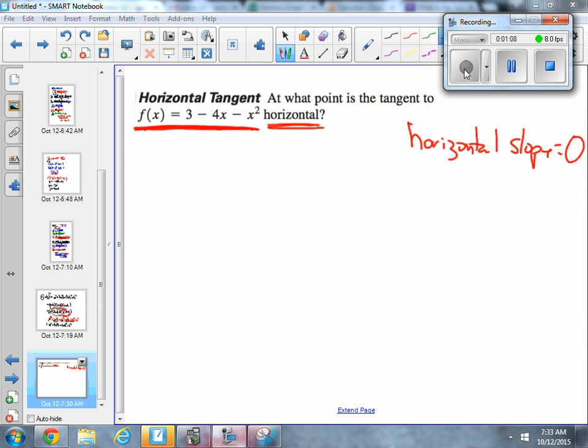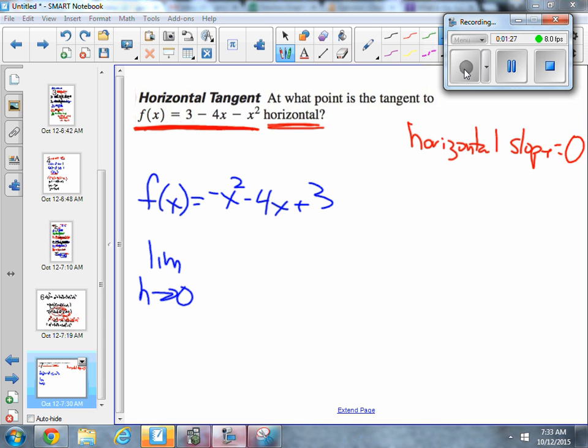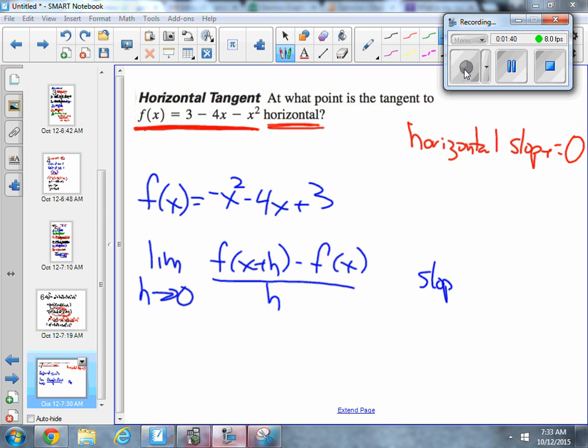First, I need to figure out what the equation is to find the slope of the tangent. I'm going to rewrite my function in standard form, because I like the standard form better: negative x squared minus 4x plus 3. And I know that if I find the limit as h approaches 0 of f of x plus h minus f of x divided by h, that is going to give me the slope of the tangent at any point x on this equation.